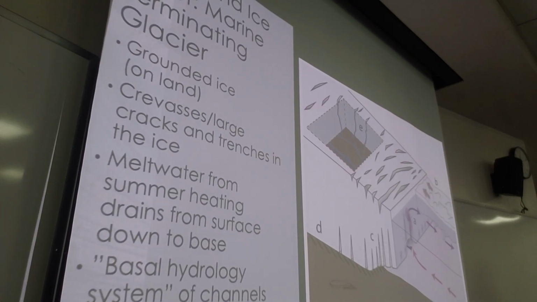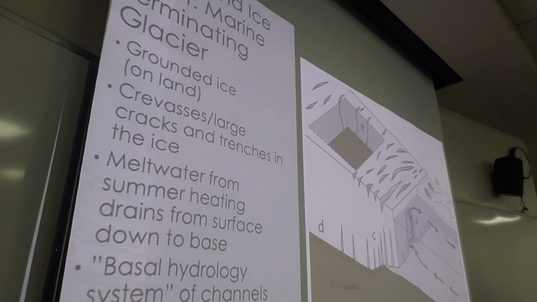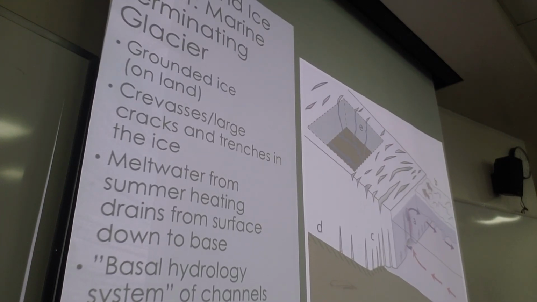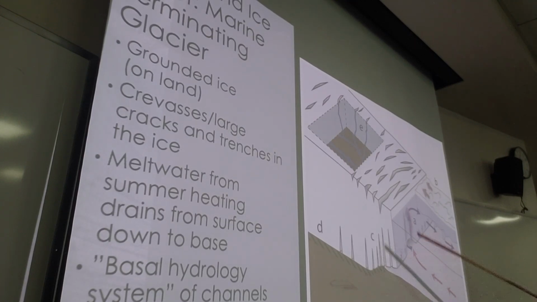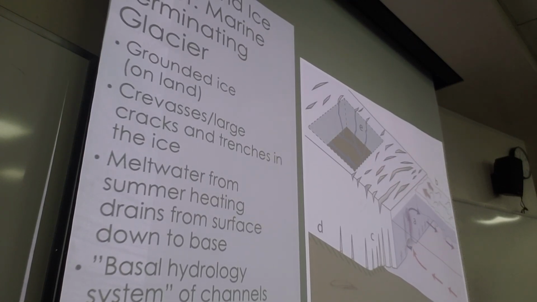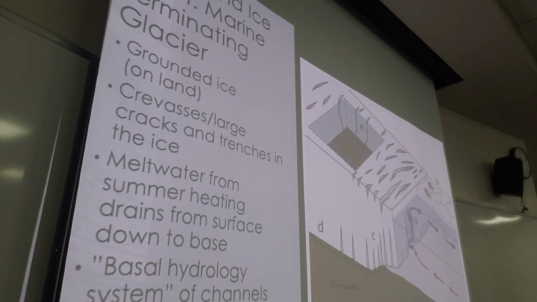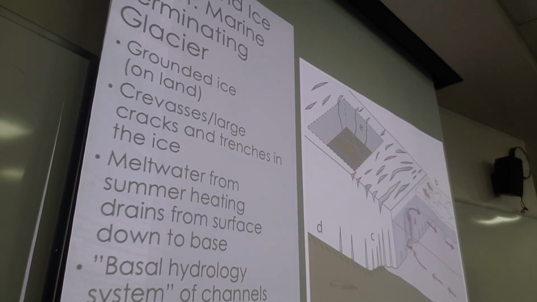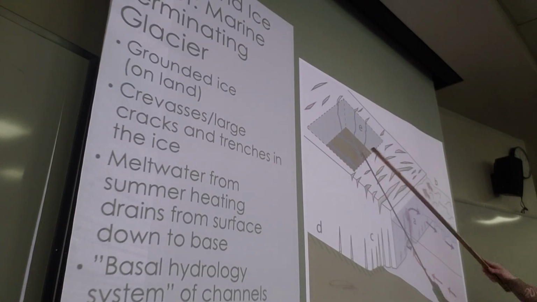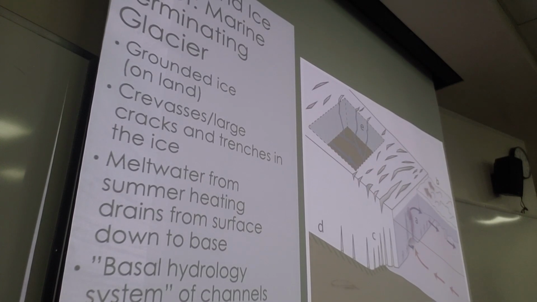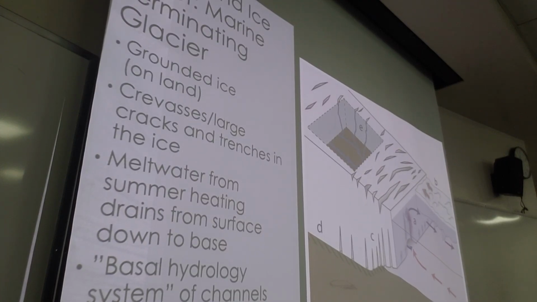The rates of speed are very slow, but we can track points on this glacier using satellite imagery, flowing downstream. So over long time scales, the glacier kind of flows like a liquid, very slowly. And that rate of flow is connected to what's happening at the base. Okay, so that's the sliding of the glacier.